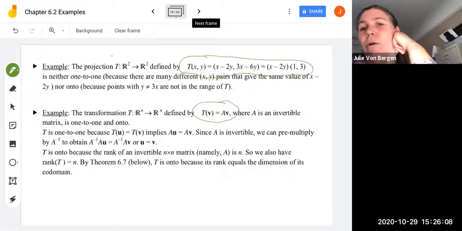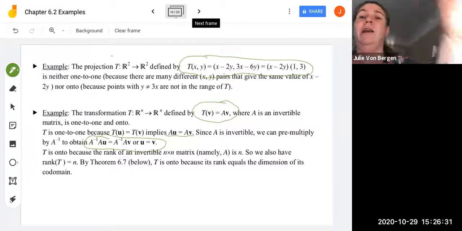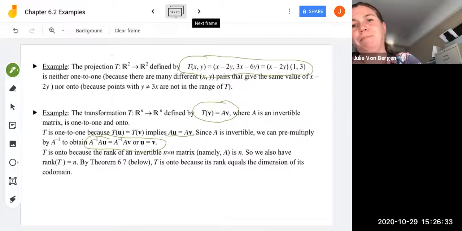So T is one-to-one because T of U equals T of V implies A times U equals A times V. And since A is invertible, we can pre-multiply by A inverse. So we get A inverse multiplied by A multiplied by vector U equals A inverse multiplied by A multiplied by vector V, or essentially vector U equals vector V.